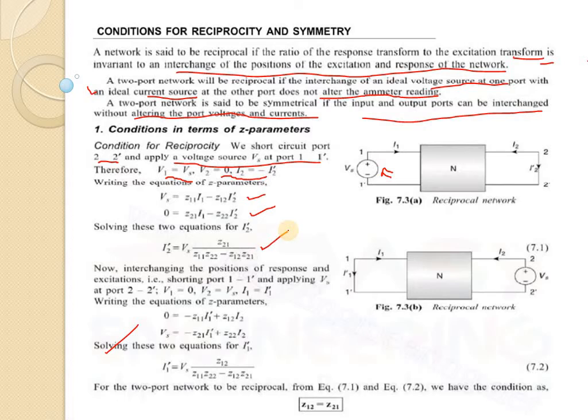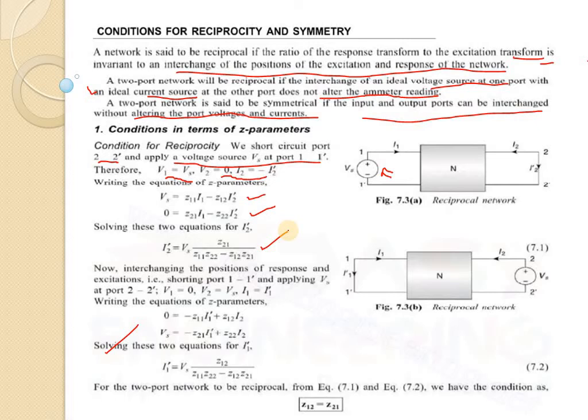Now we will interchange the positions: we put the voltage source at the output terminals and short the input terminals, to verify the reciprocity of the Z parameters.